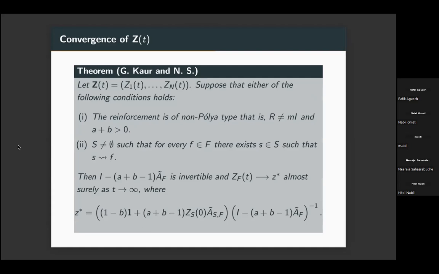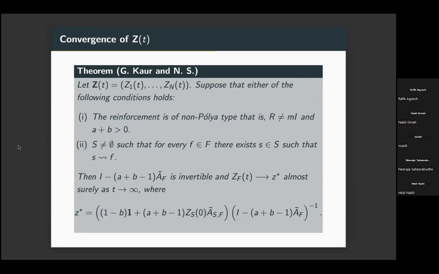So in this case, we have classified when the limit is deterministic. In the examples that I showed you earlier for the single urn models, the limit was deterministic for Friedman urns and for Bakchi-Pal urns. For Friedman urns, it was rather simple. It was just 1/2.